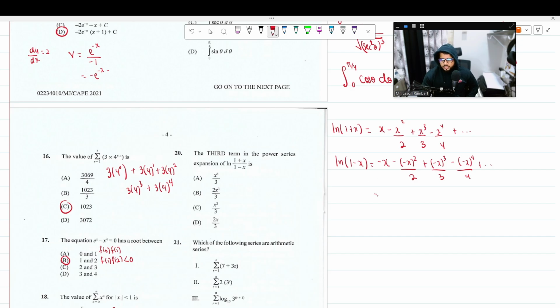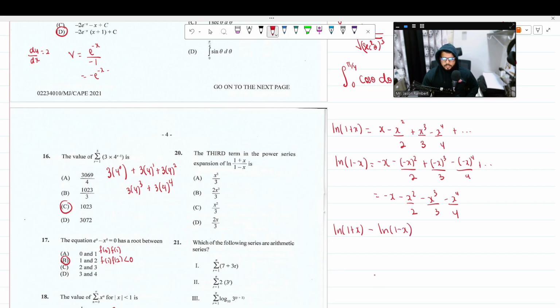So this is going to be minus x squared on 2 minus x cubed over 3 minus x to the power 4 over 4, and so on. ln of 1 plus x over 1 minus x is ln of 1 plus x, take away ln of 1 minus x.